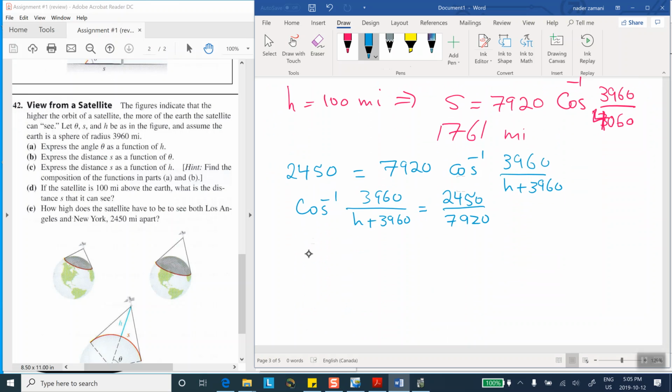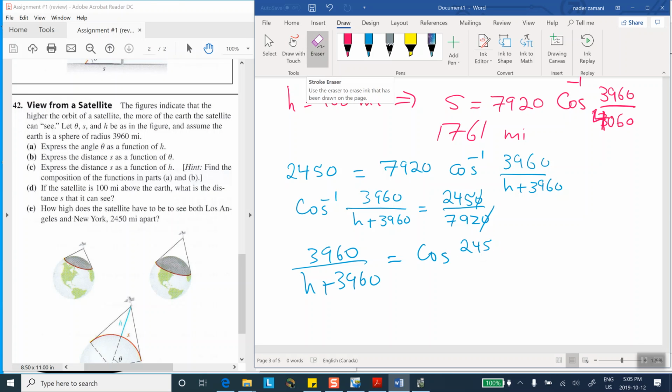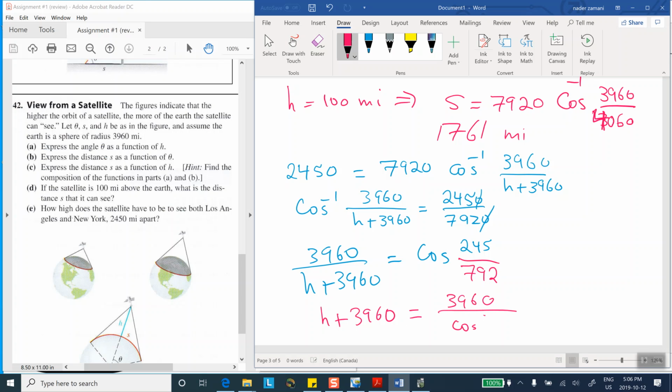So 3960 divided by h plus 3960 equals cosine of 245 divided by 792, after canceling the zeros. Then a little algebra: h plus 3960 is equal to 3960 divided by cosine of 245 over 792.